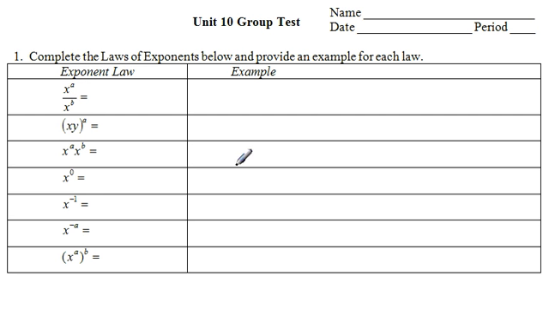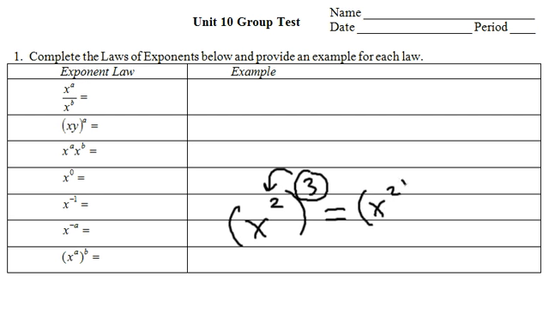And then for the final problem, x to the power of a times b, let's make up a problem to begin with. Let's say we have x squared and then to the power of 3. Fine. So let's write the meaning of this. If we have x squared to the 3rd power, that means we have 3 x squareds. So let's write that out. That means we have x squared times another x squared, and then times a 3rd x squared.